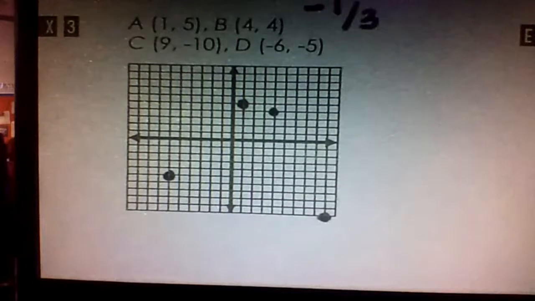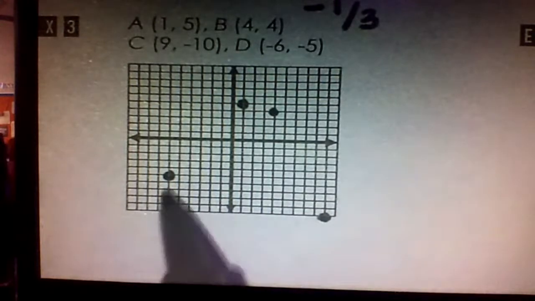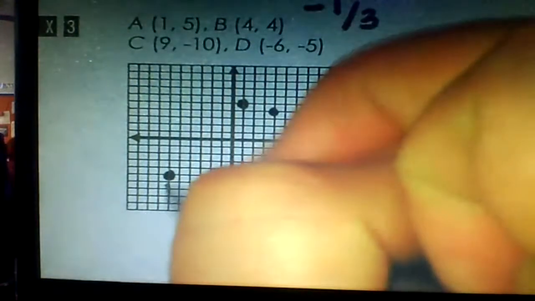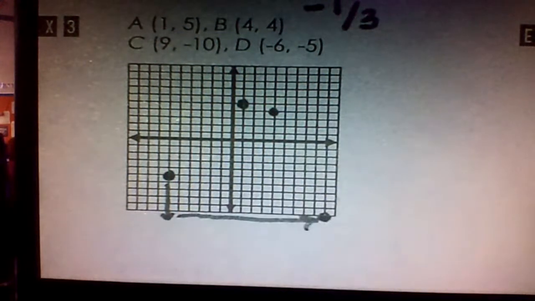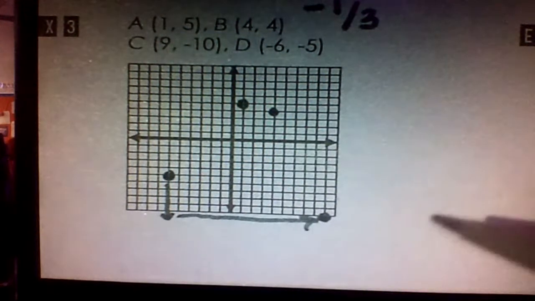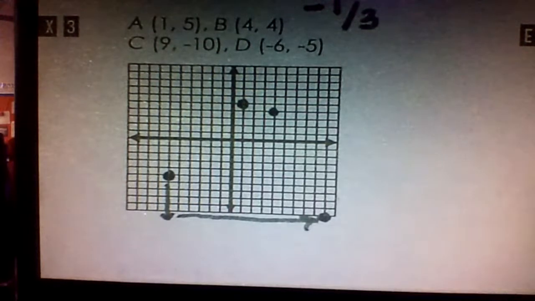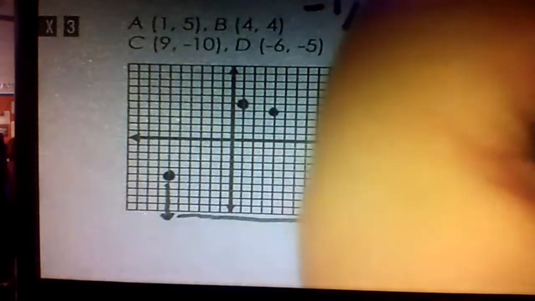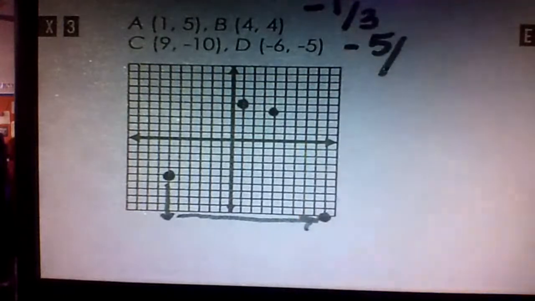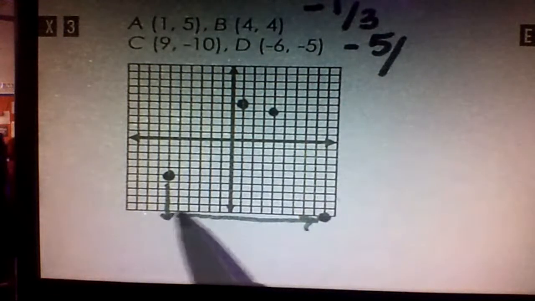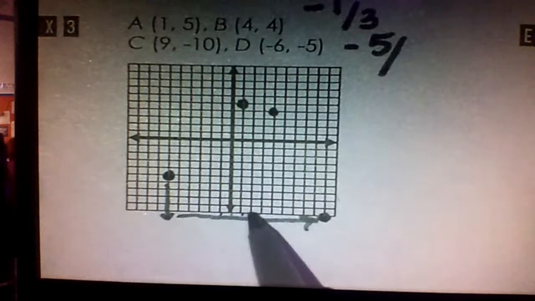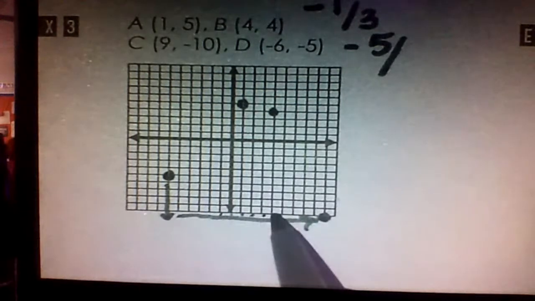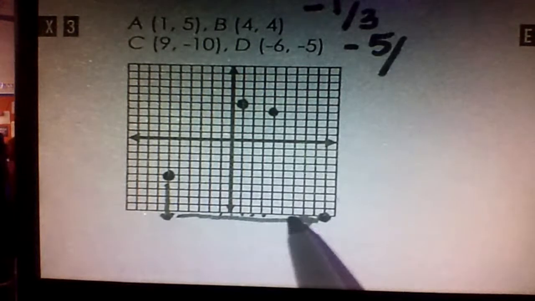Okay. So to get from this dot down and over to this dot, we have to go down 1, 2, 3, 4, 5. So we're going down by 5. And we're going over 1, 2, 3, 4, 5, 6, 7, 8, 9, 10, 11, 12.